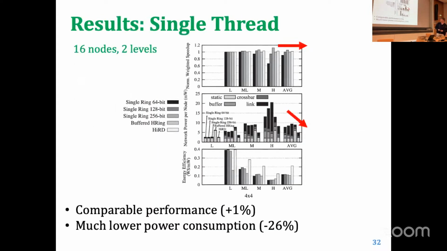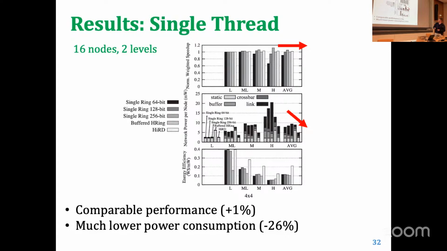So first notable result is that in a single thread, we have a comparable performance with the baseline. The other rectangles that you can see are a design with just a single ring, so no hierarchical ring, with different sizes.